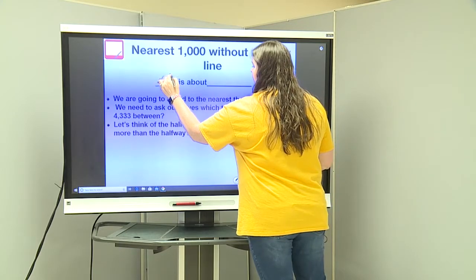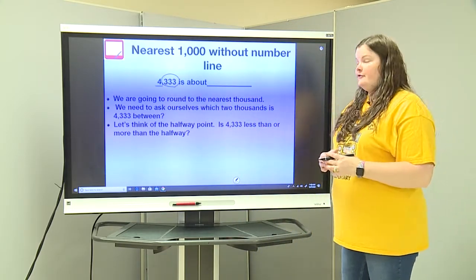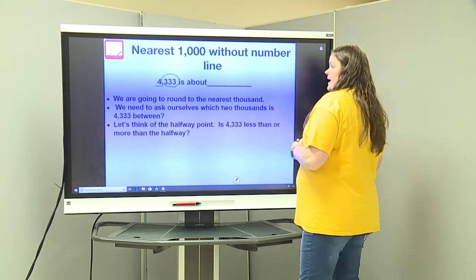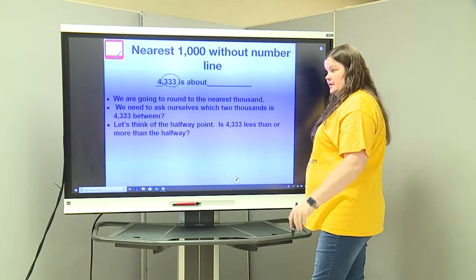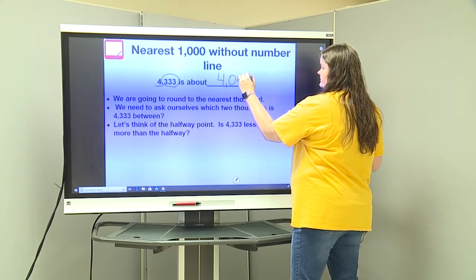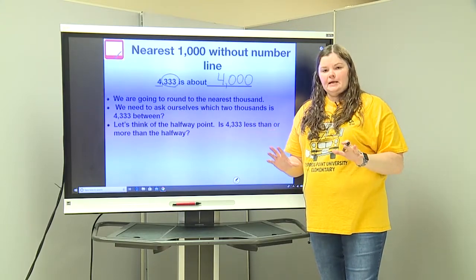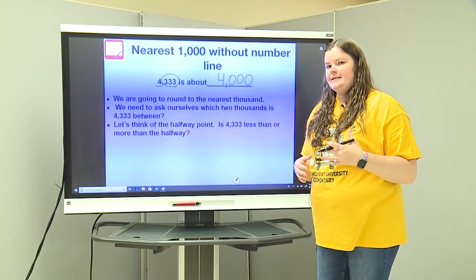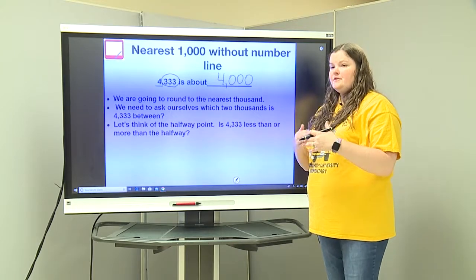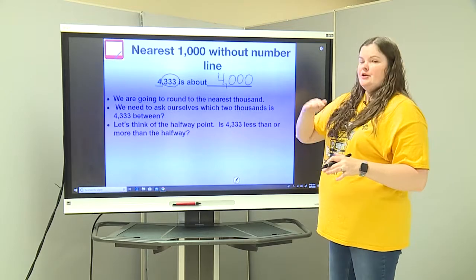Since it's only 333, it's going to go below that 4,500. So that means it's going to round down to about 4,000. I know it's a little hard to think about without the vertical number line, but we just have to visualize it in our heads and think about what those two endpoints would be. We need to find that midpoint and then figure out where our number would go.